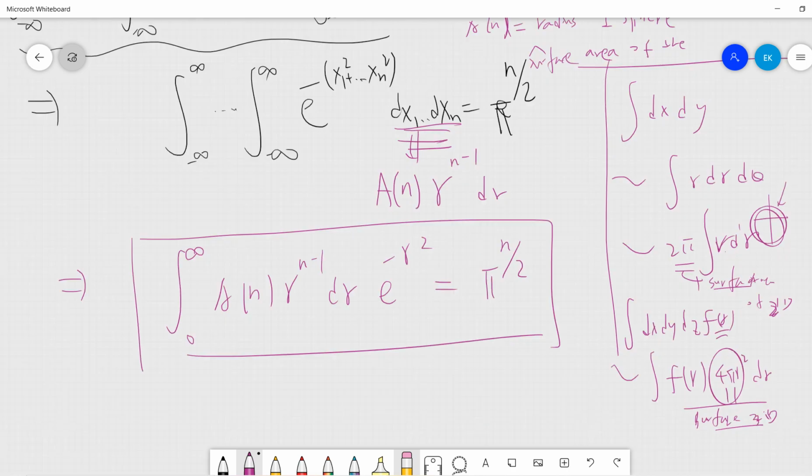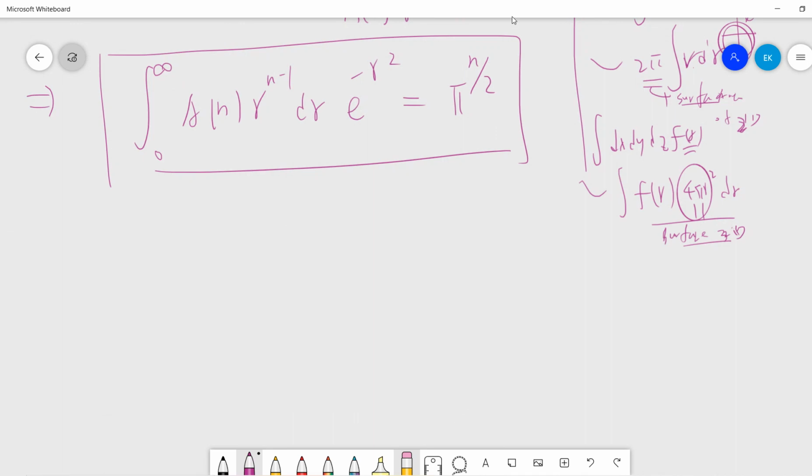The final computation is very easy. We just write A of n and pull it out. This is the final integral we need to do, and let me just directly tell you the answer. Remind you that this is the gamma function. If you do the change of variable, you will have another gamma function transform.